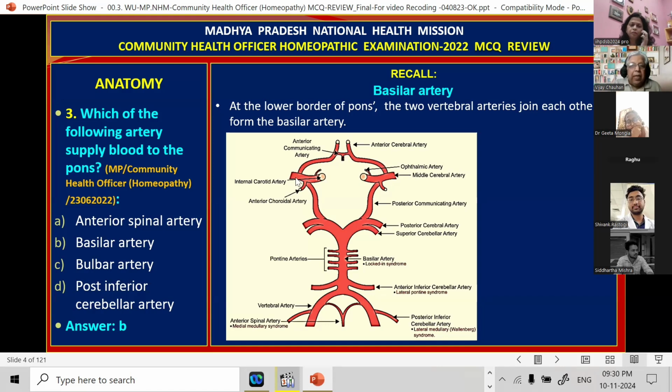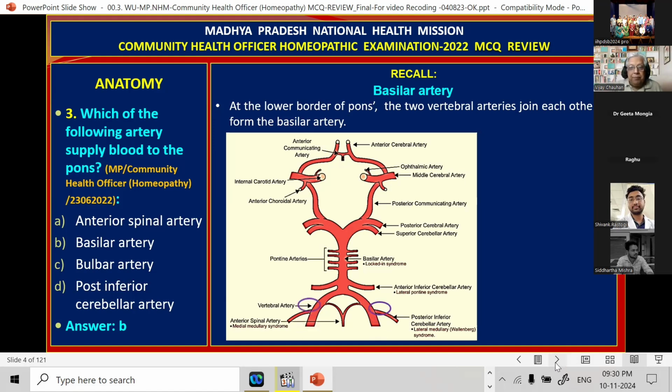On the opposite side, we have the anterior cerebral artery. They unite together through the anterior communicating artery. The anterior cerebral artery supplies the frontal lobe anteriorly, the middle cerebral artery supplies the lateral surface of the cerebrum, and the posterior cerebral artery supplies the occipital part. So that is how the blood supply is here.